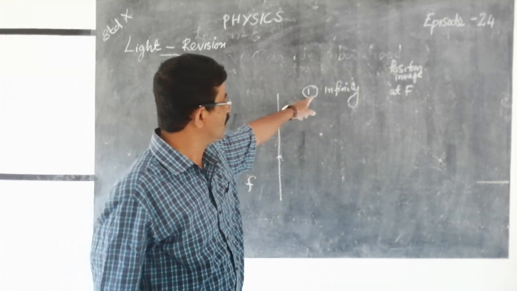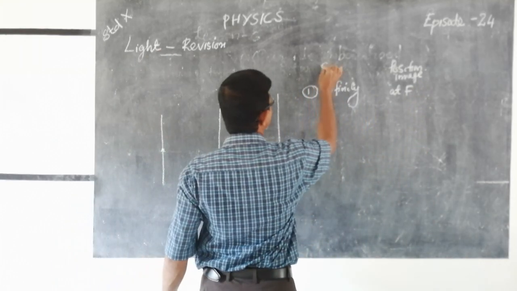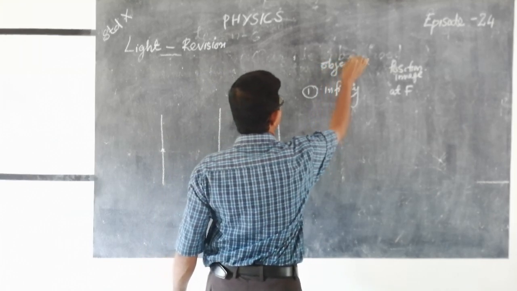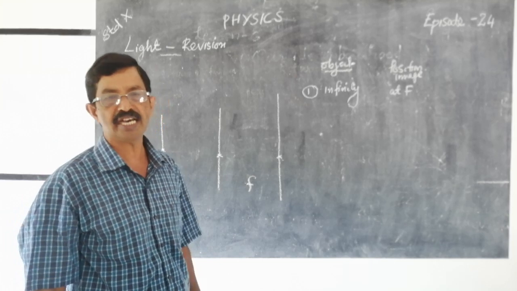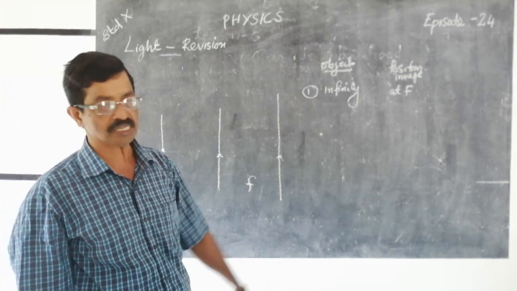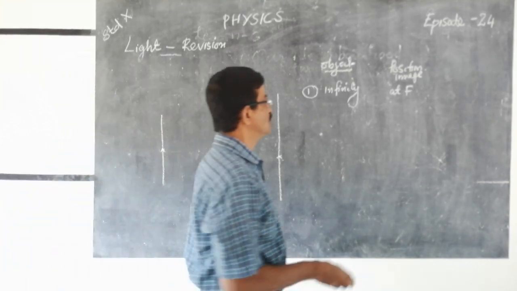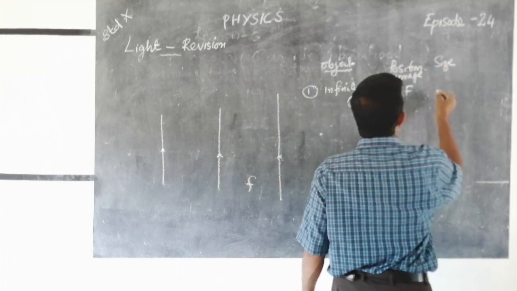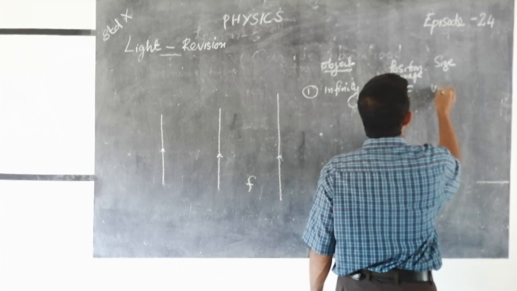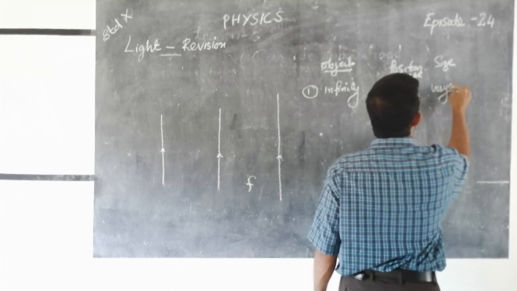That means when the object is at infinity, we get an image at the focus. Then the size of the image is very small or diminished.